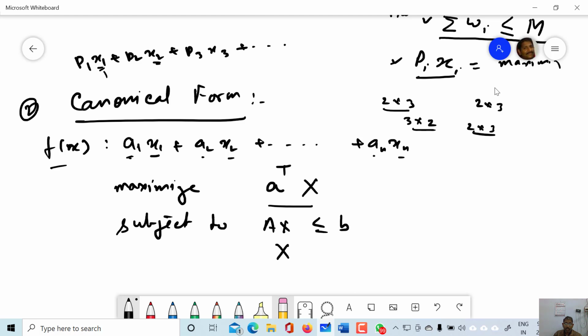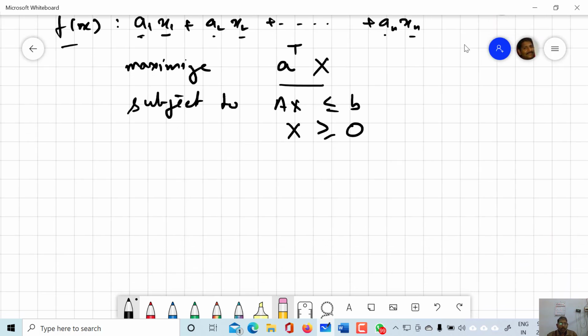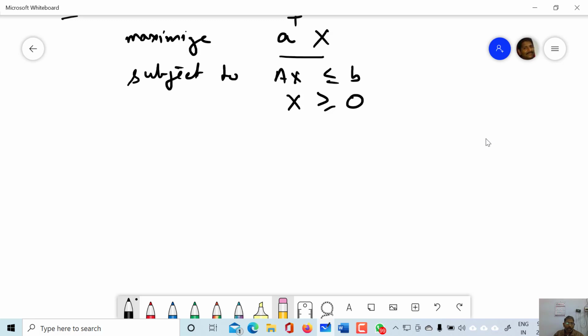Sorry, it must not be negative, so it should be either a 0 matrix or it will have a value greater than 0. So this was the second form, and no need to say that everything inside this Ax is a row matrix or a column matrix.